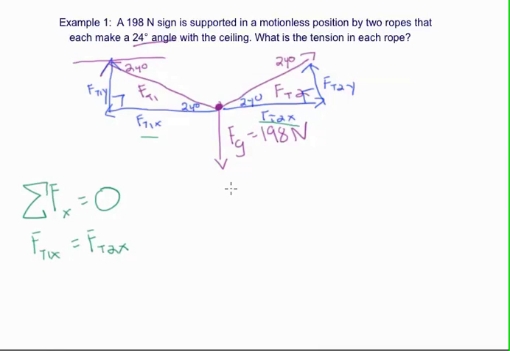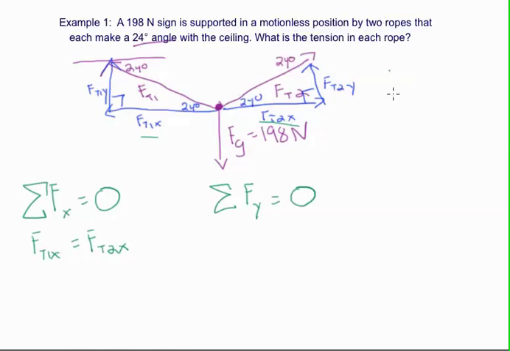In the Y direction, it's also in equilibrium, so the sum of the forces in the Y direction is also equal to 0. And in the Y direction, we have force due to gravity downwards and these 2 Y's upwards. Now hopefully you've seen that because these X's are the same and the angles are the same, that means the whole triangle is identical.